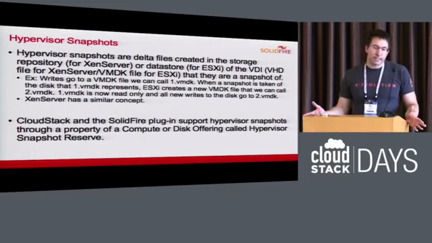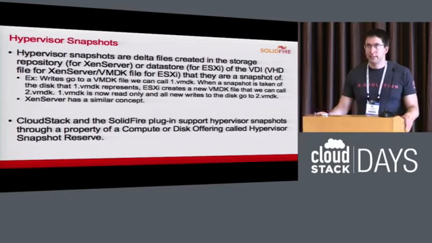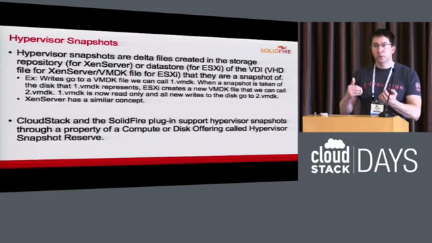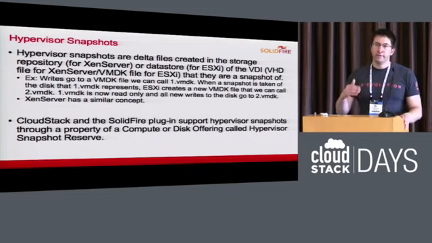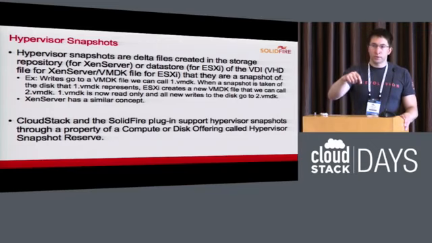What ends up happening there, it's implemented a little bit differently with XenServer and ESX, but the basic idea is that your virtual disk image is essentially frozen at that point in time, and you get a new virtual disk image that collects the new writes. So that way you have these layers. You have multiple virtual disk images, and a lot of times a read will come into the newest one.